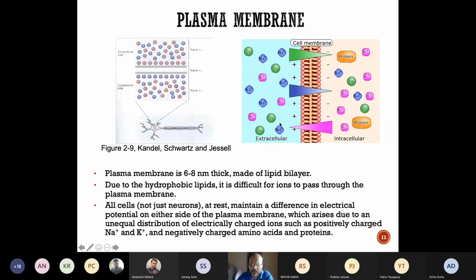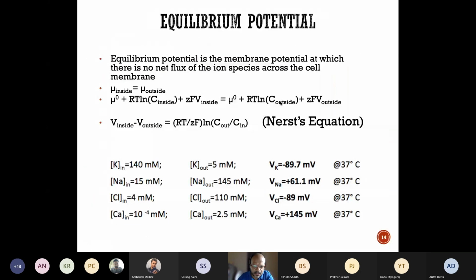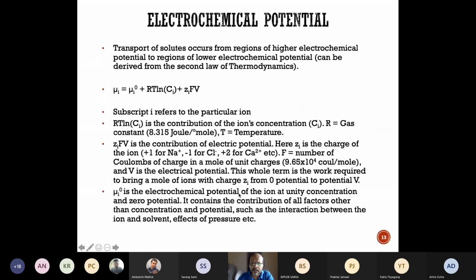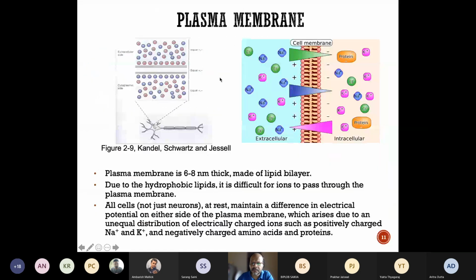You can't say that, oh, potassium is 145. These numbers are all different, but that doesn't mean that it's the chloride here that is balancing the sodium and so on. Okay, there are other charged particles, proteins and amino acids, etc., that make sure that in general the net charge on either side is zero.